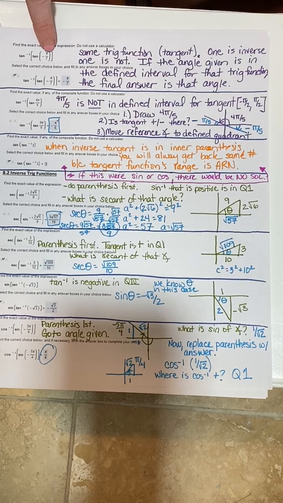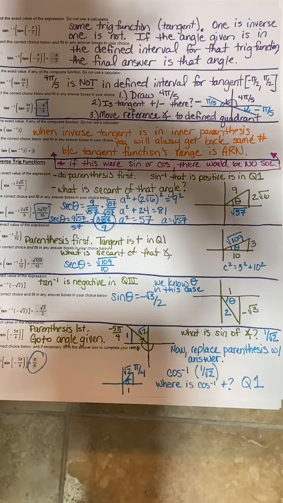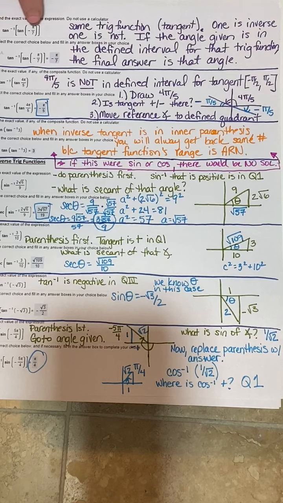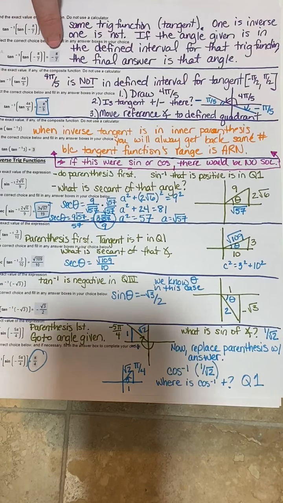Is this angle in the defined range of the inverse? Negative pi over 7, yes, it is in the defined range for the tangent. So if it is, then we're just taking the tangent and then undoing what we just did. So our answer will be the same, negative pi over 7.